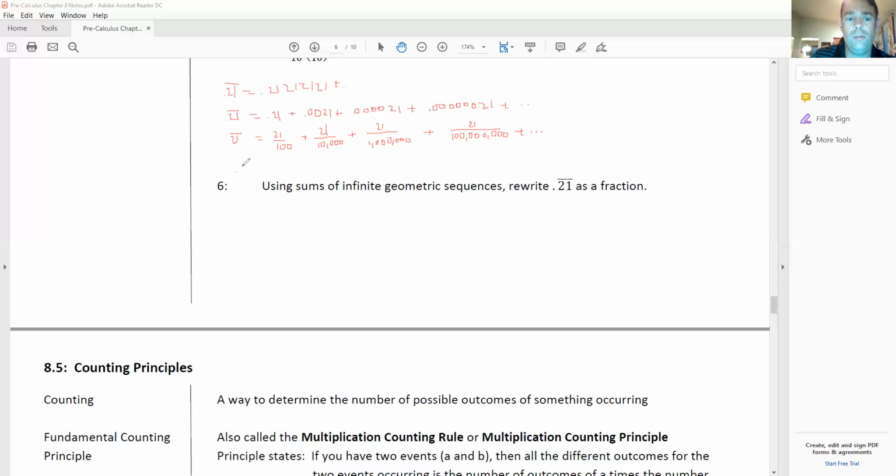So if I take a look at this, I think I can figure out a pattern that's going on here. I see 21 over 100 to the first. I see 21 over 100 to the second. I see 21 over 100 to the third.